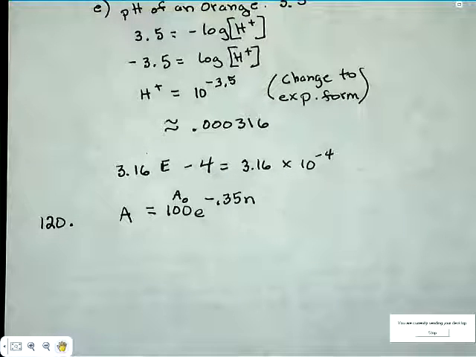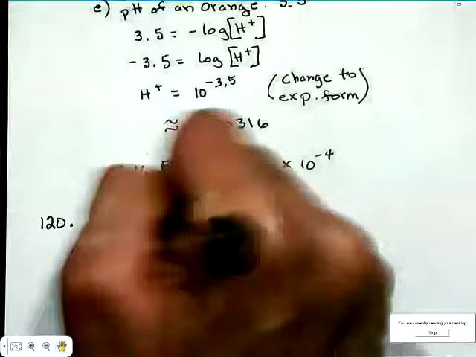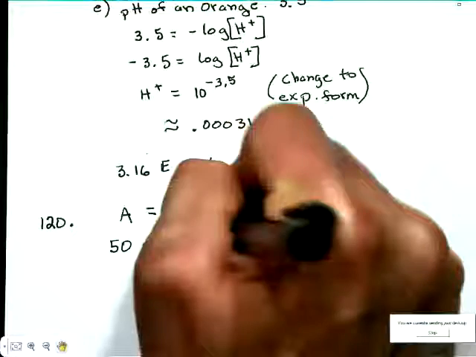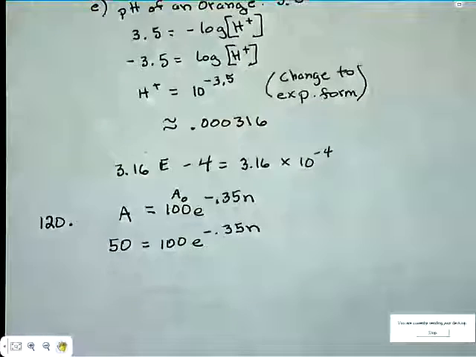And that's not the question. The question is, when will it be half of its original size? And if it started out as 100, when it's down to half its original size, it will be 50 square millimeters. So make sure you understand what A stands for. It's not a percent of original, it's a size.